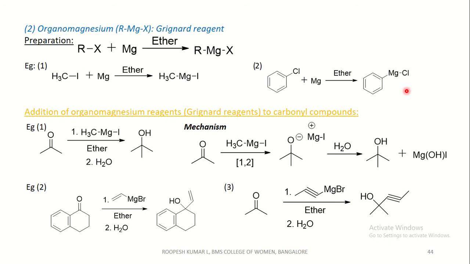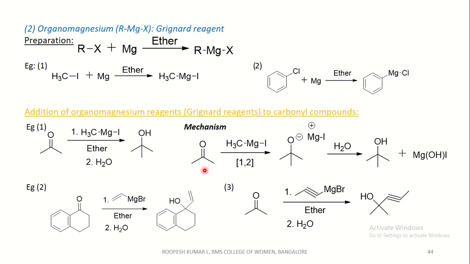Coming to the applications, addition of Grignard reagents to carbonyl compounds. Here, the same as organolithium, this carbon possesses a negative charge and this metal possesses a positive charge. Therefore, acetone gets converted to the corresponding alcohol, tertiary butanol.